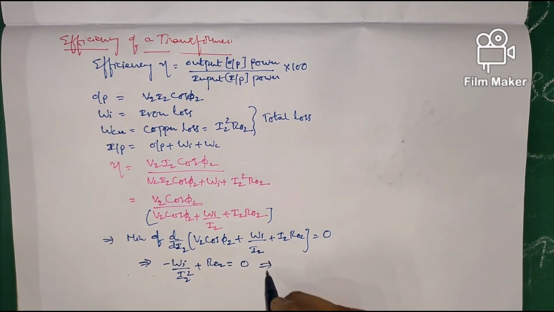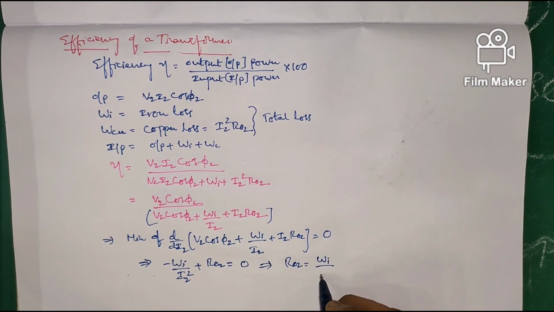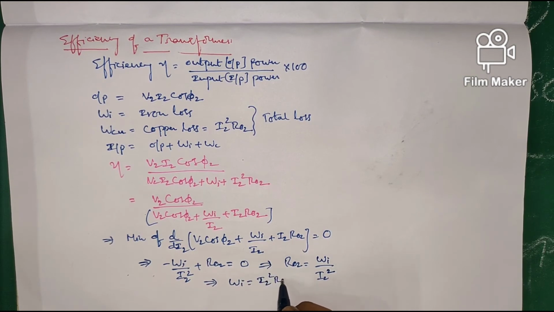That implies, when this minus is taken to the right hand side, we have R02 is equal to Wi by I2 square, and we get finally Wi is equal to I2 square into R02. So here we have got a condition that Wi is the core loss and I2 square R02 is the copper loss. So this is the condition for getting the maximum efficiency of a transformer.